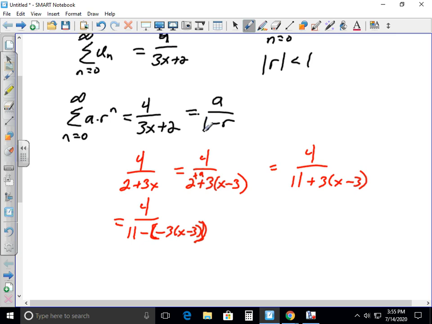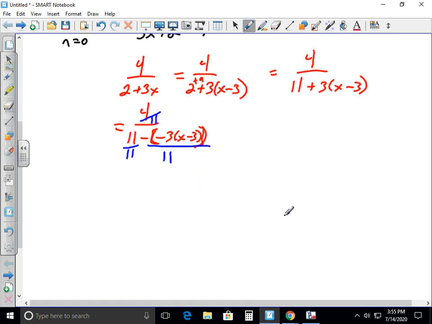Well, how do we make it a 1? We divide it by 11. But if we divide that by 11, we have to divide that by 11. If we divide the bottom by 11, we have to divide the top by 11. So we get 4 over 11 over 1 minus negative 3 times (x minus 3) over 11.